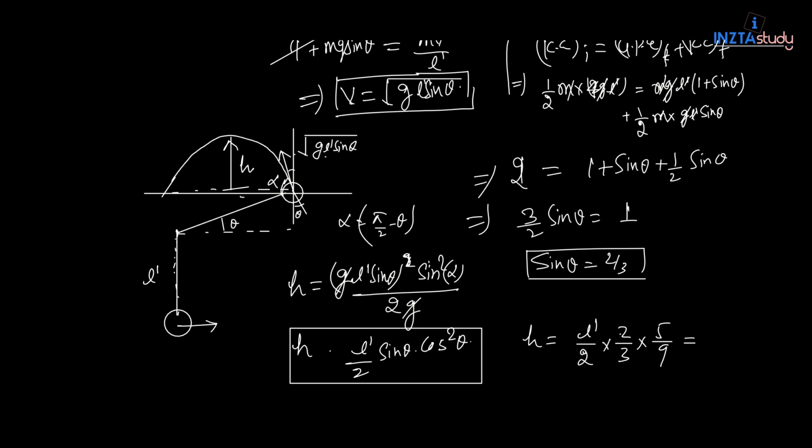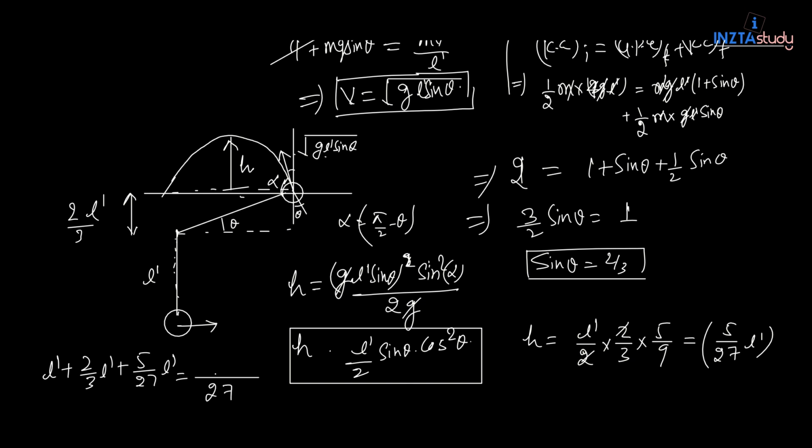So the 2 will cancel out, and it is 5 by 27 into L dash. This is the height, and this value is L dash sin theta, which is 2 by 3, and this height is L dash. So the maximum height will be L dash plus 2 by 3 L dash plus 5 by 27 L dash. Taking 27 as LCM, it is 27 plus 18 plus 5.